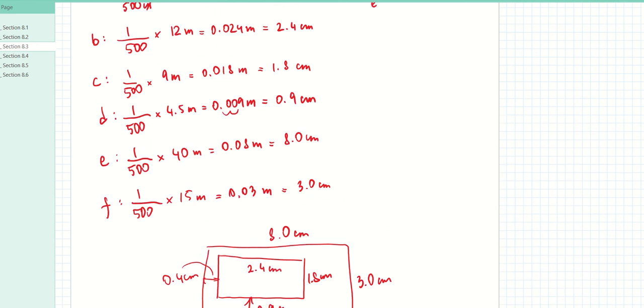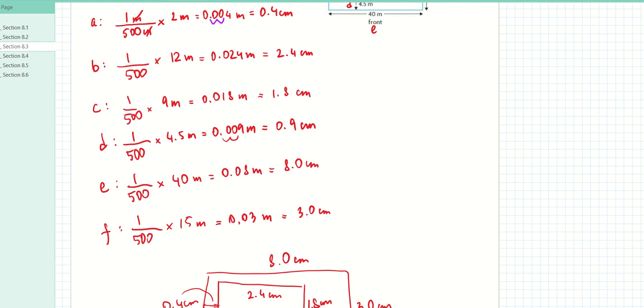So the definition that we probably should introduce here is the scale factor. So let me write it down here. Scale factor. And again, you can read this in your textbook as well. It's a number that's created from the ratio of any two similar shapes or objects, written as a fraction, decimal, or percent.